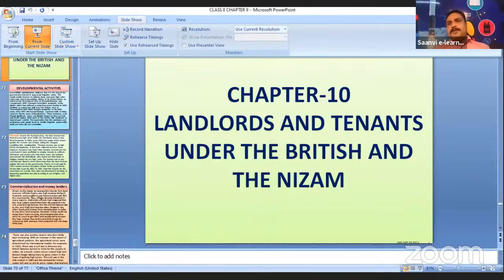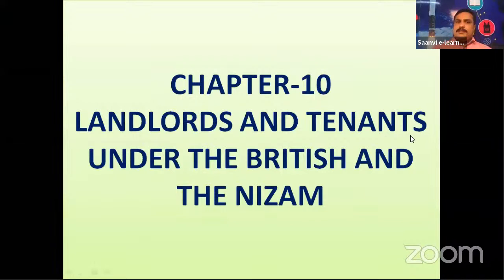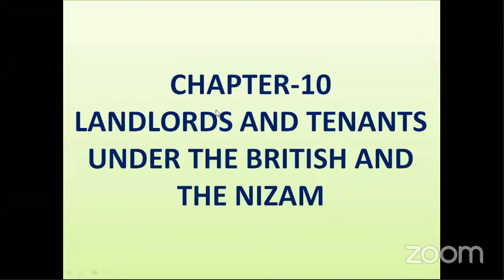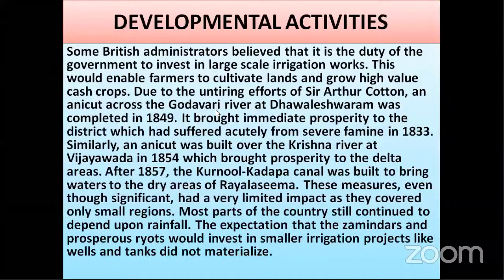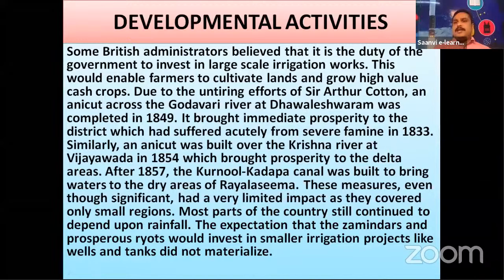See here, Chapter 10, Landlords and Tenants under the British and Nizam. These are the developmental activities which we discussed in the previous class. What are the developmental activities done by the British?